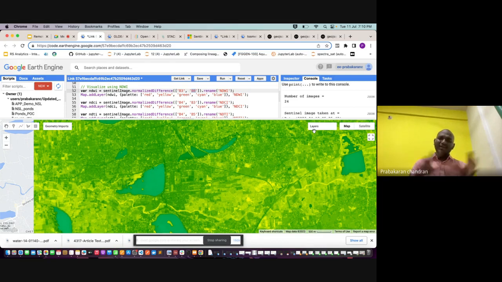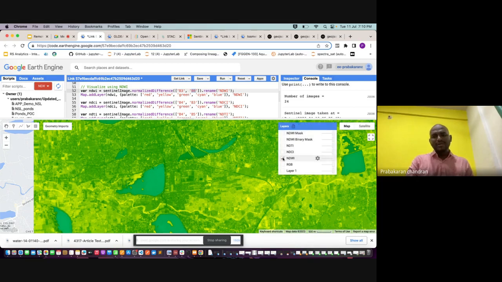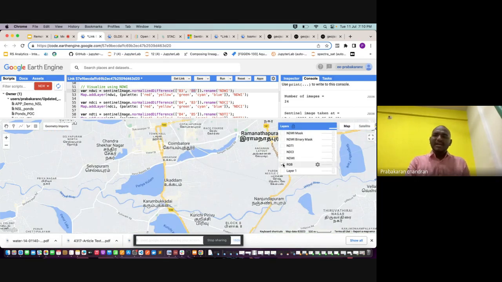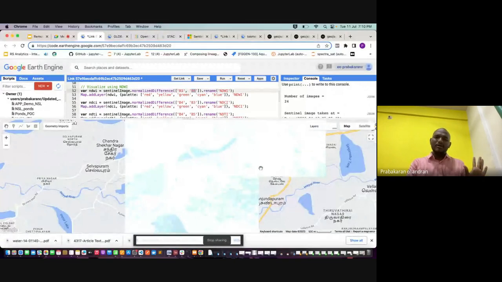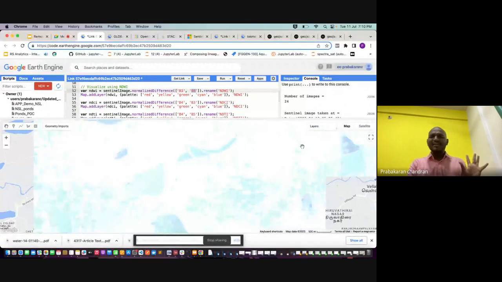For that water, we can map or segment it out with the help of segmentation models, U-Net or anything. If you just see RGB colors, that might not be very clear.